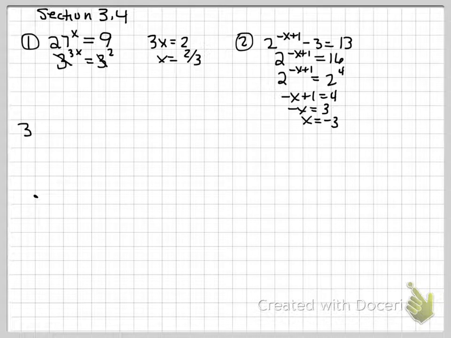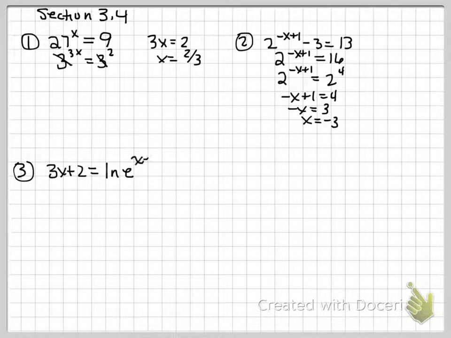Number 3. That is 3x plus 2 equals the natural log of e to the x minus 2.